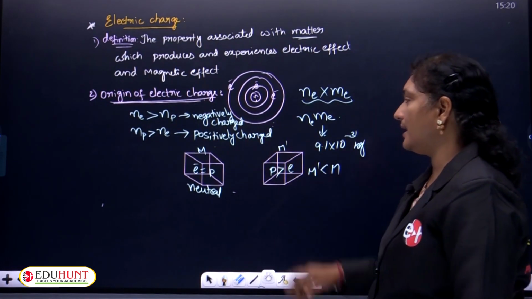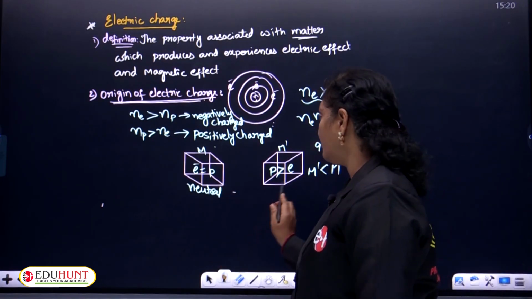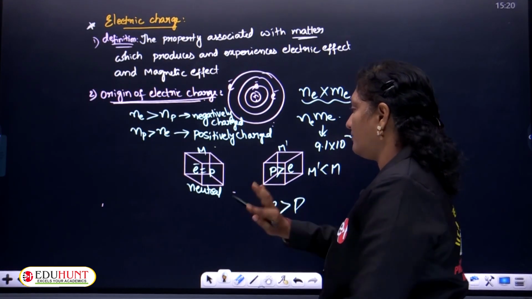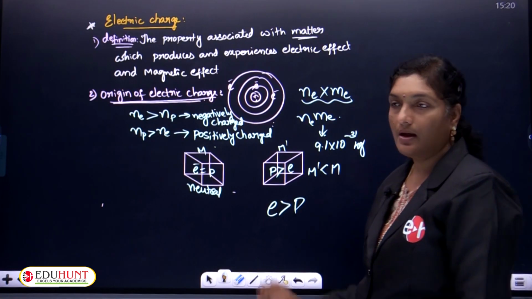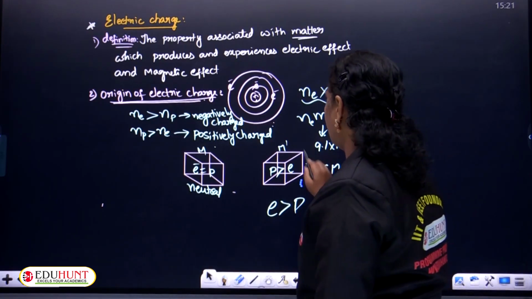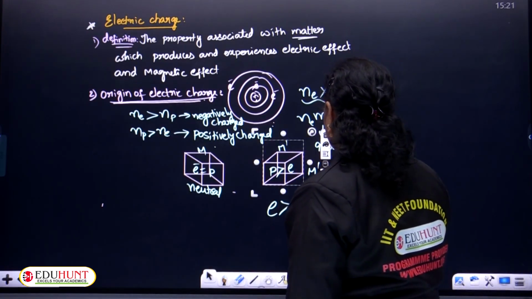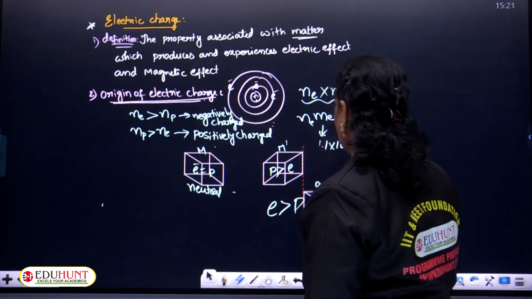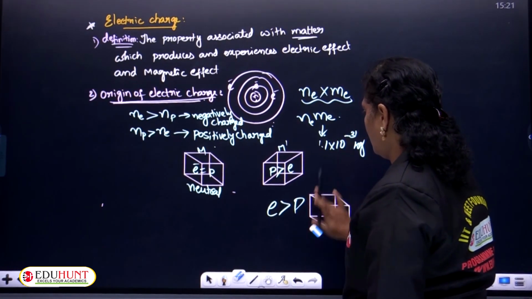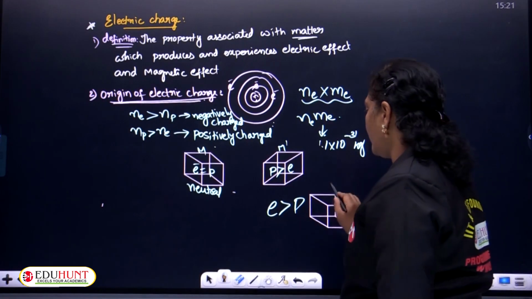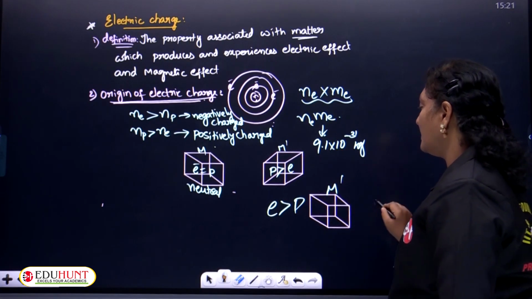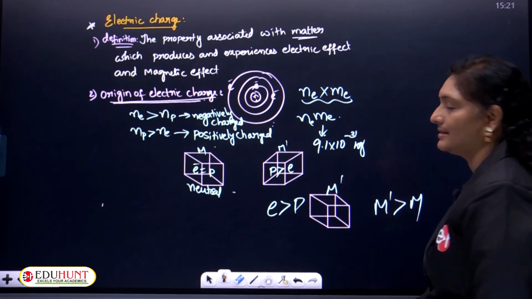Similarly, consider the second case where the number of electrons is more than the number of protons, whenever the neutral body is being rubbed. If in a body the number of electrons is greater than the number of protons, then the mass slightly increases.